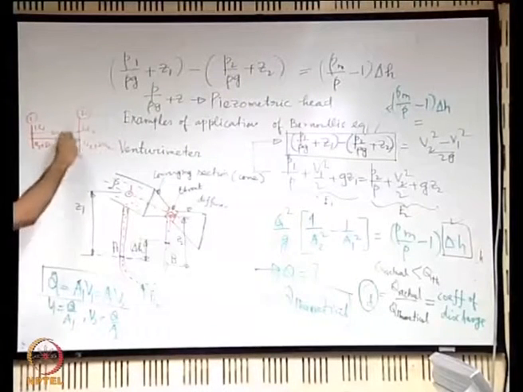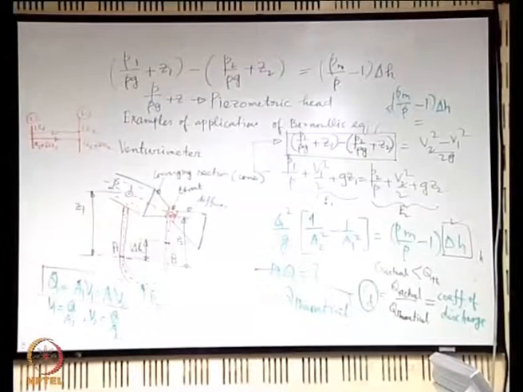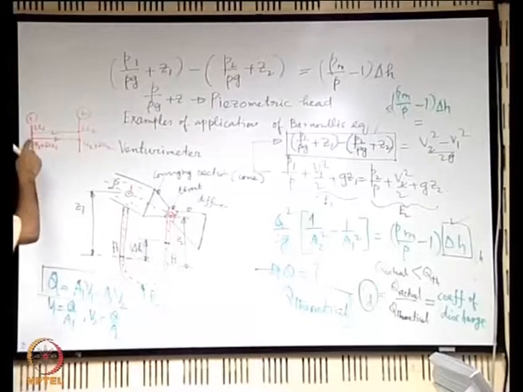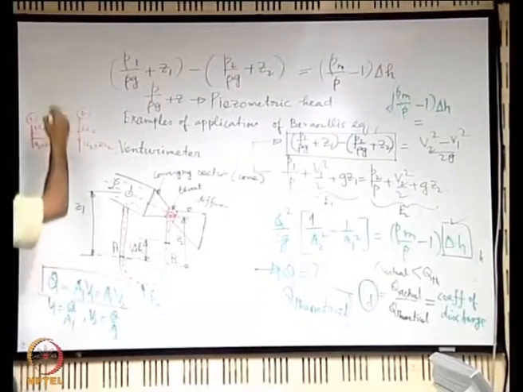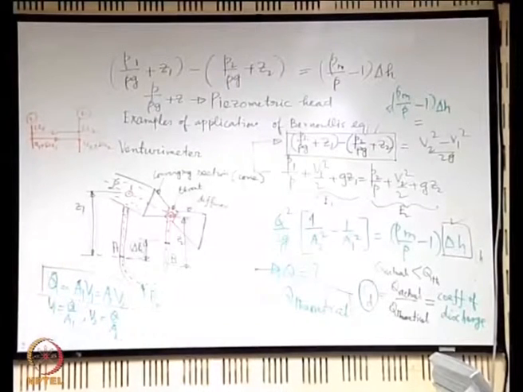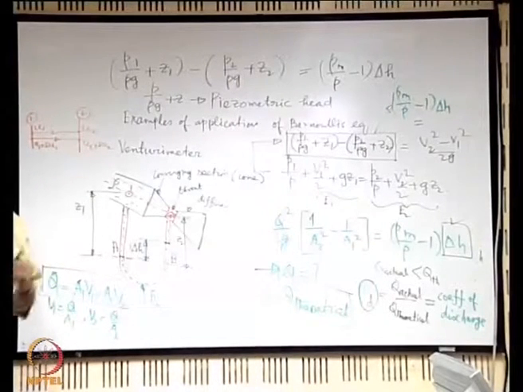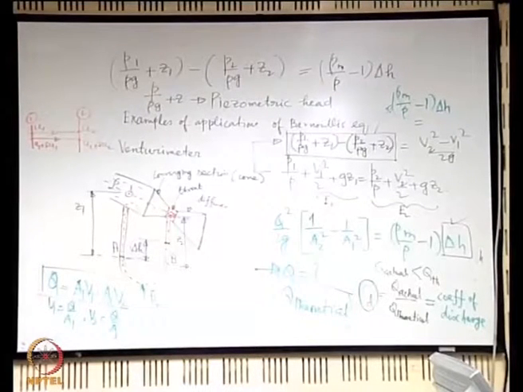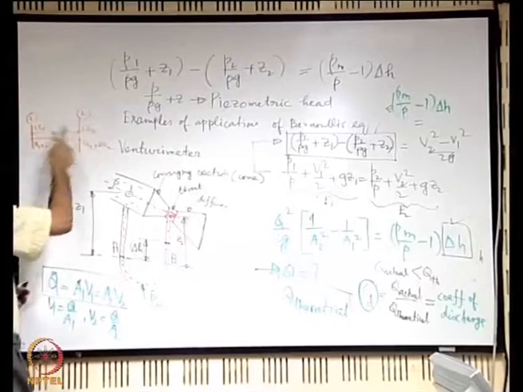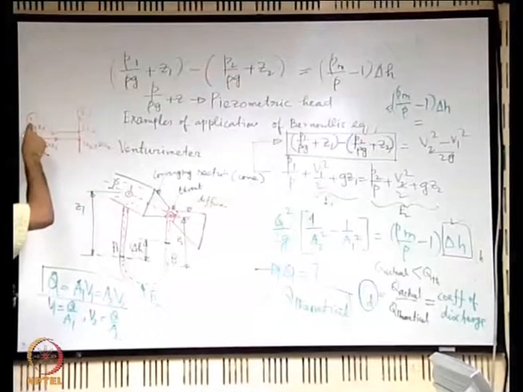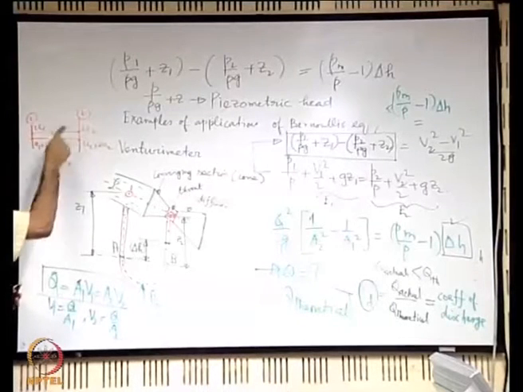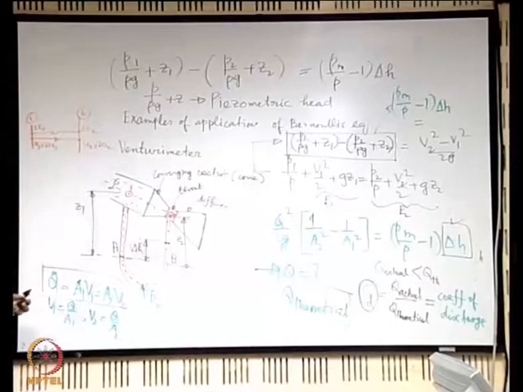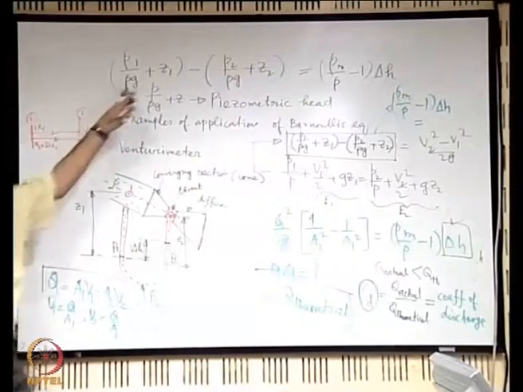Now, if these streamlines are very close to each other, what will happen? There will be negligible difference in pressure between these two streamlines. Always remember that there is a difference in pressure between streamlines because of the curvature effects of the streamlines, but if they are very close, that effect is negligible. So, there is negligible difference in the pressure head between these two streamlines at 1 and at 2, and there is negligible difference in the height also, that is the z coordinate.